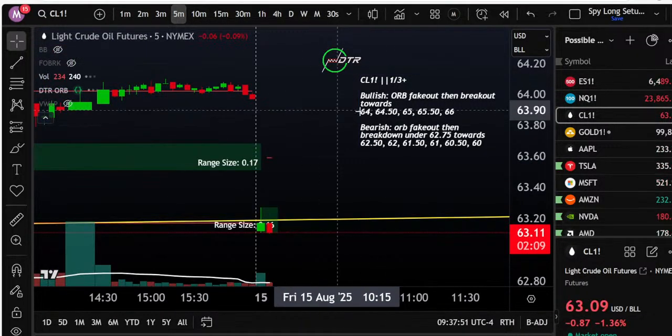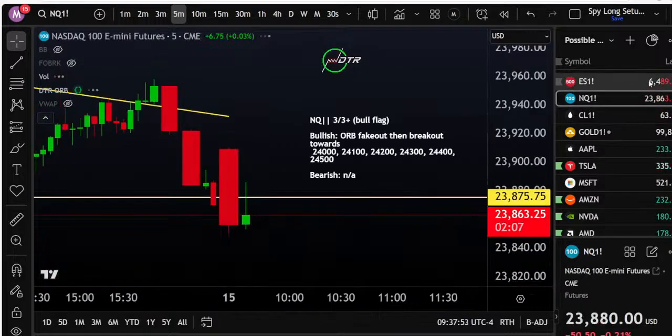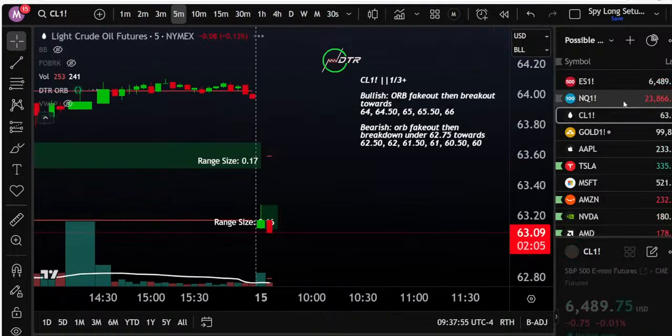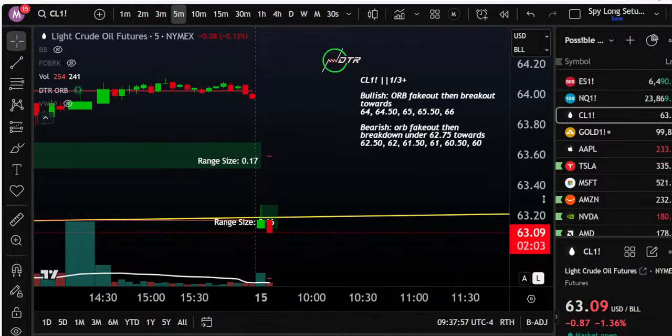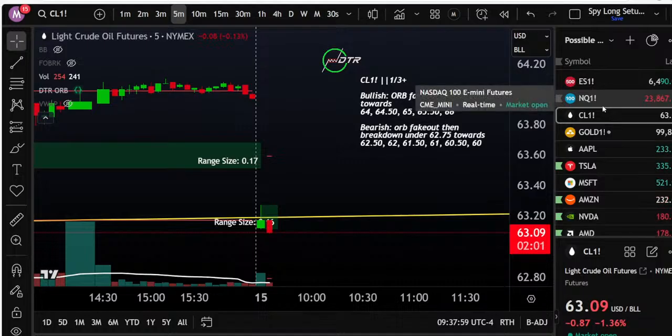It's gonna sound kind of bad, but maybe CL feels like it's the most likely to be tradable for me here.